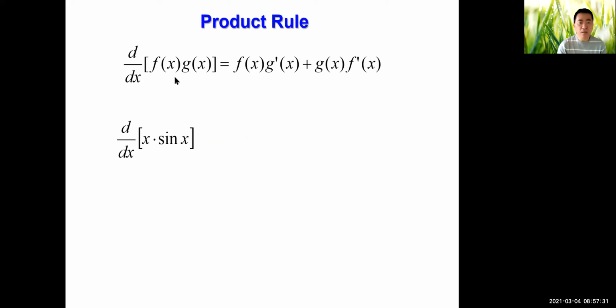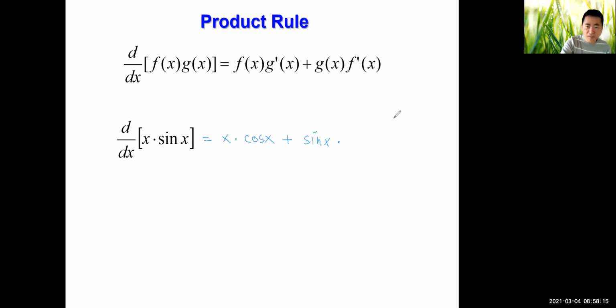For example, what's the derivative of x times sine of x? Using the product rule, we have x times the derivative of sine, so times cosine of x, plus g of x, which is sine of x, times the derivative of f.